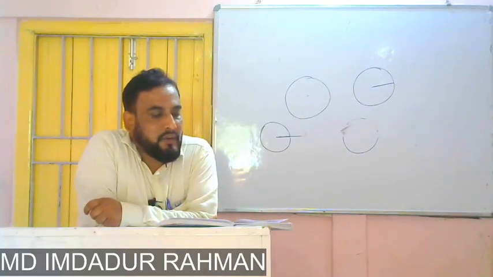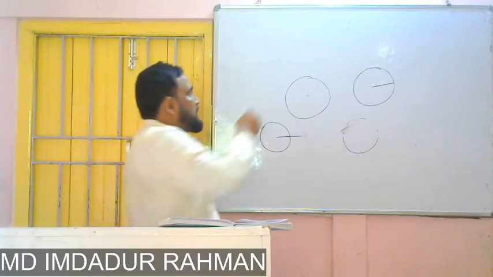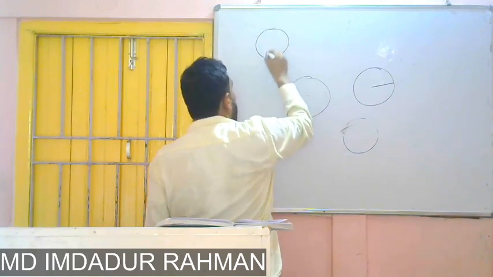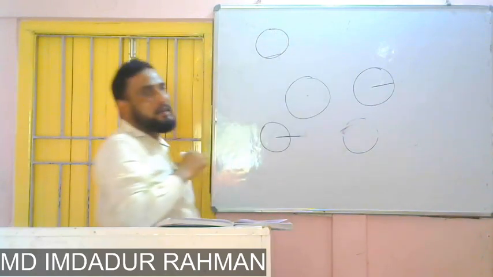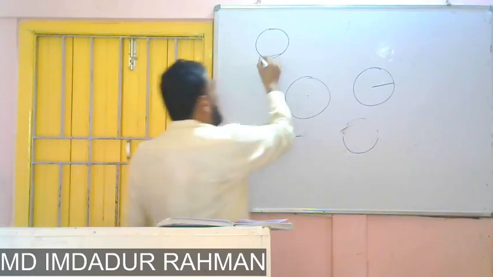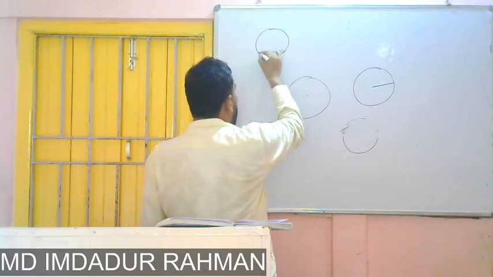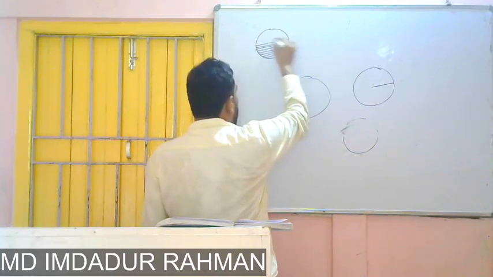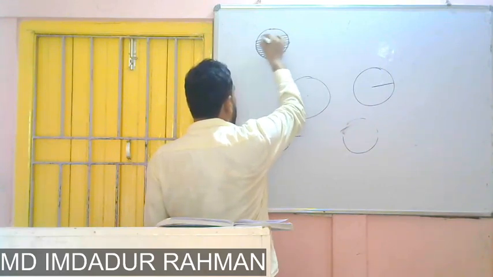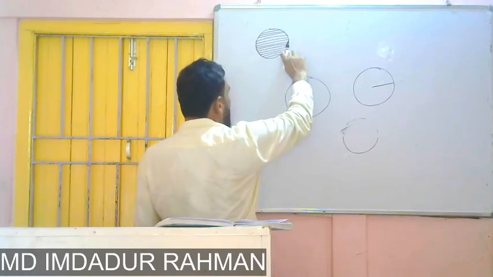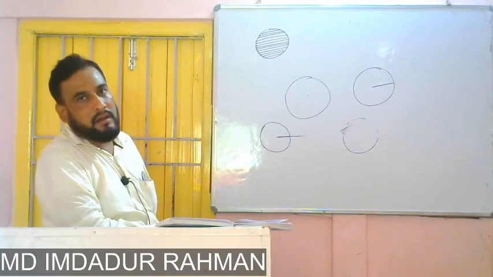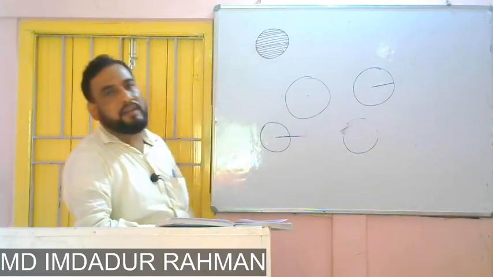The longest chord of a circle is called dash of the circle. You see, earlier I discussed the chord. It is a line segment joining two points of the circle. All these line segments are joining 2 points, and among them one is the longest, which is this: the line which passes through the center of the circle is called the diameter, and this is the longest chord of the circle.